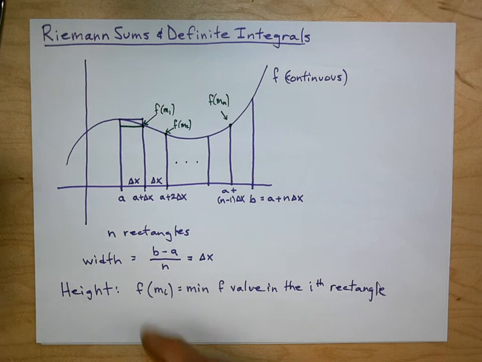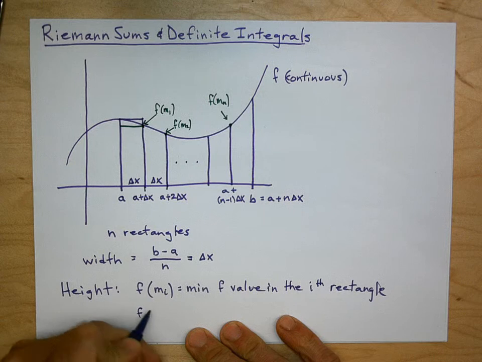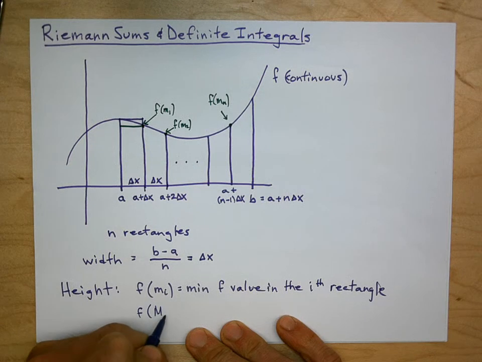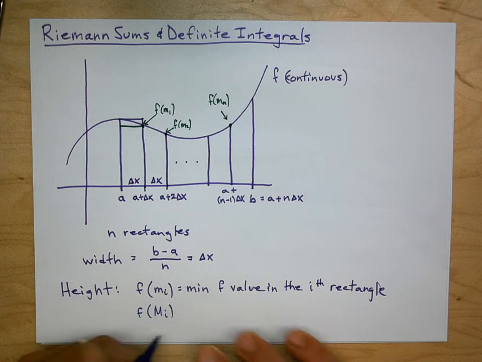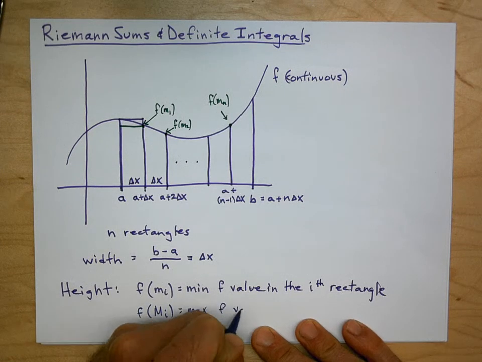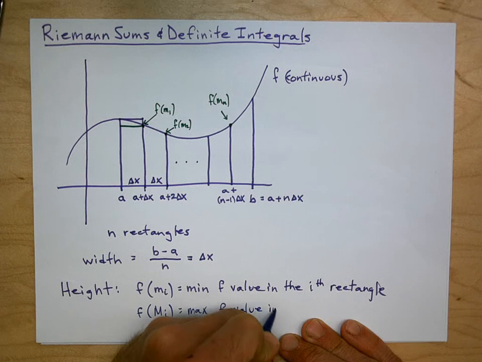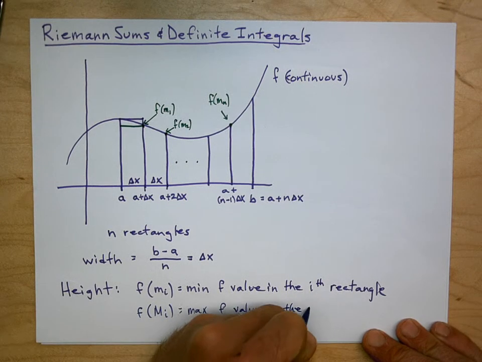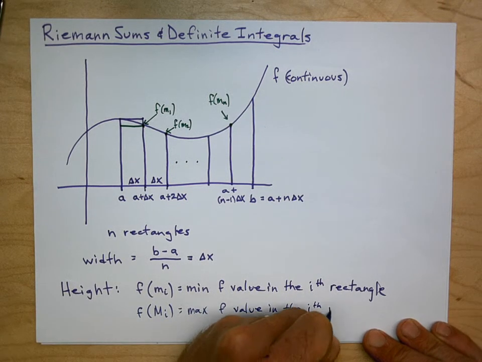Likewise, we could find f of capital M, and this would be the max function value in the ith rectangle.